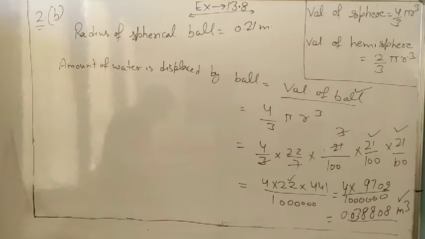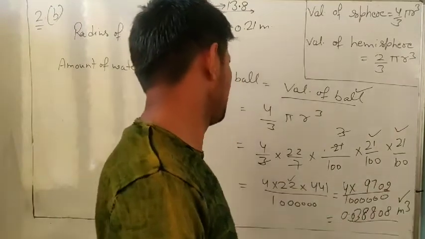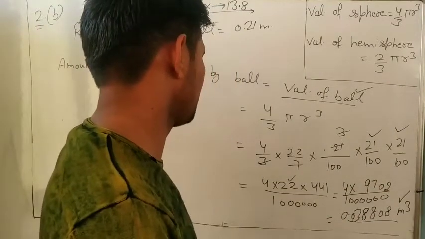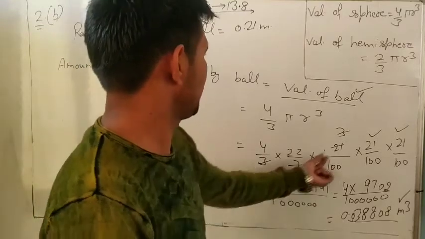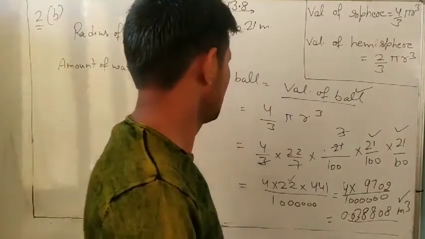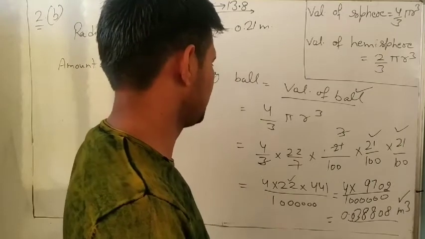13.8, spherical ball of diameter. What is the answer? Answer is 0.04851. I think we made a mistake. 21 ones are 21, 22 twos are 40.